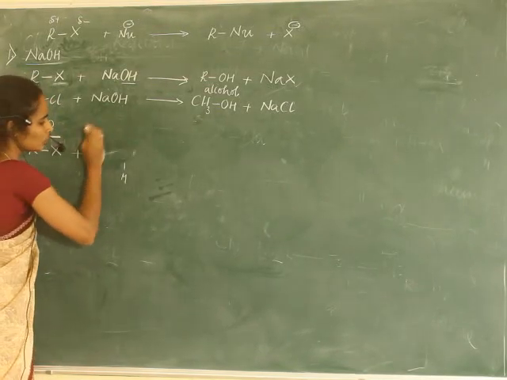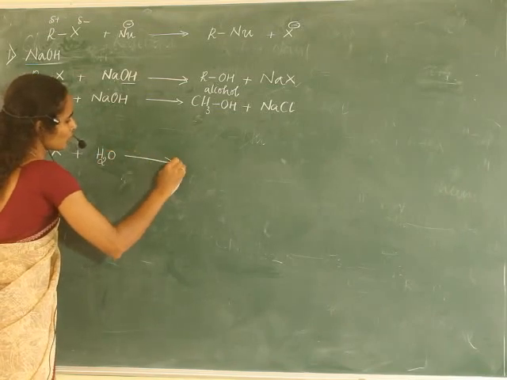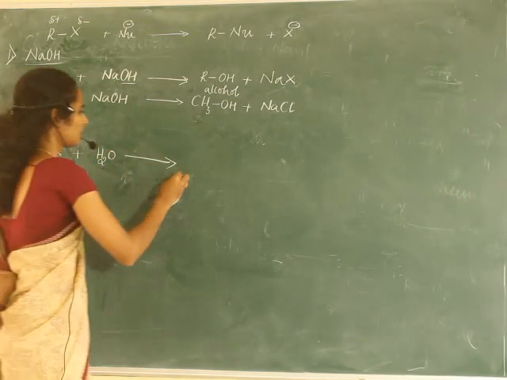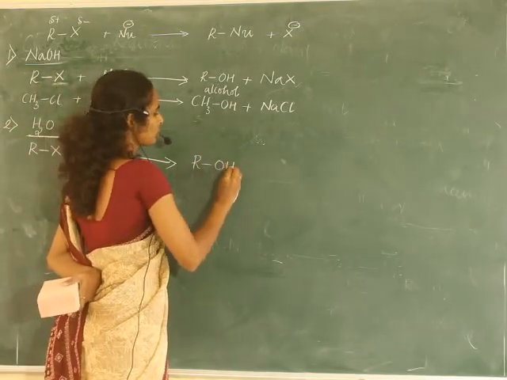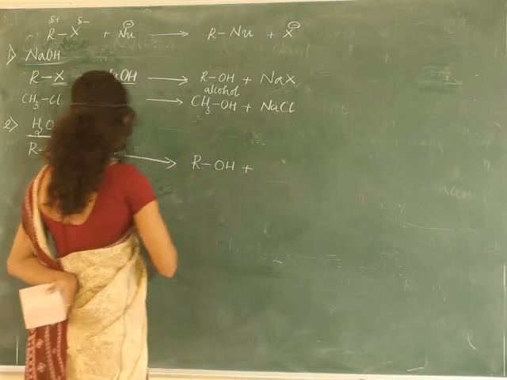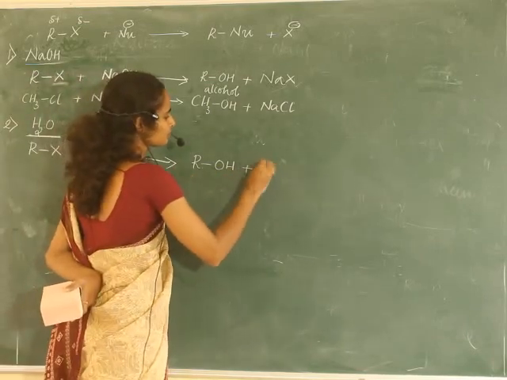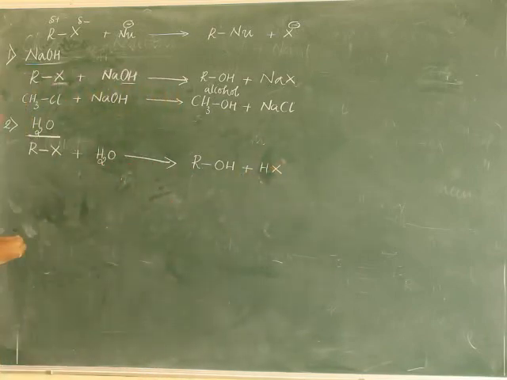So here the nucleophile, in H2O, the OH group replaces the halogen atom. Hence we will get product as ROH plus, and remaining is hydrogen and X, that is HX.